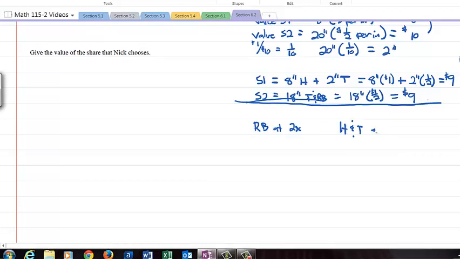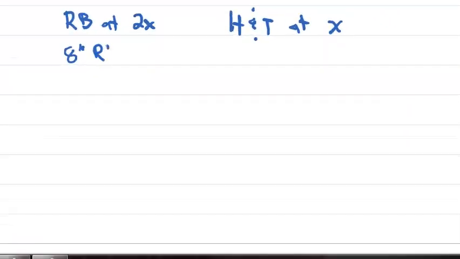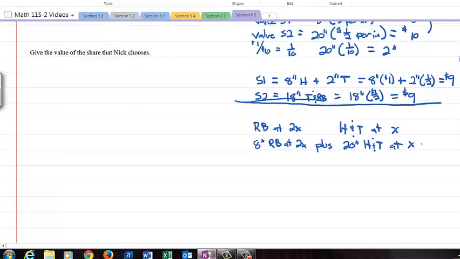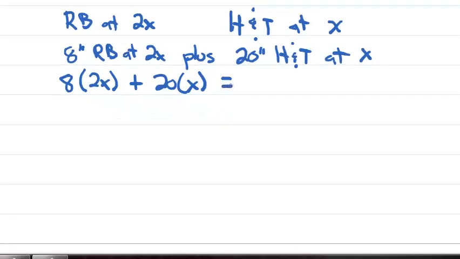Ham and turkey at x per inch. Okay, so what does that give us for the whole thing? 8 inches of roast beef at 2x per inch plus 20 inches of ham and turkey at x per inch. 8 times 2x plus 20 times x, and the sub is still worth $18.